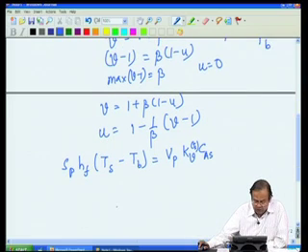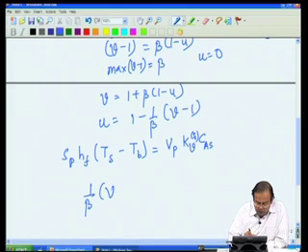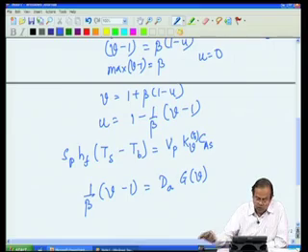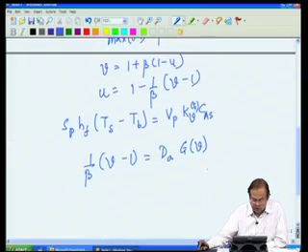So, if we do all this rearrangement, we are left with the following. If we rearrange this equation by taking U, V and so on, we will get 1 by beta into V minus 1 equal to Damkohler number Da into G of V. What are these? Beta is what we have already defined over here. It is a measure of temperature increase.